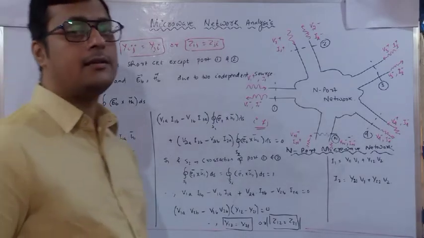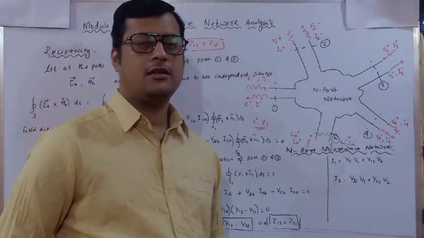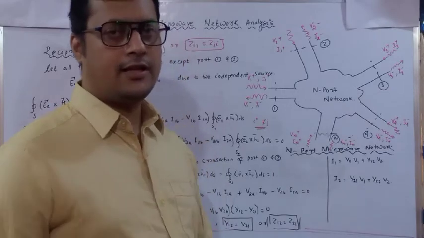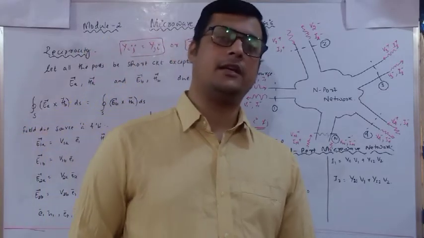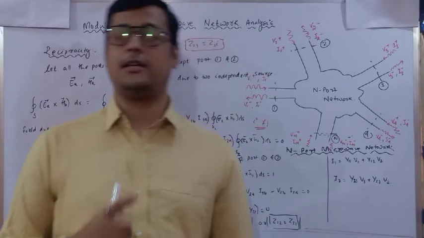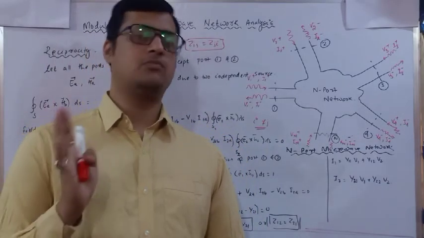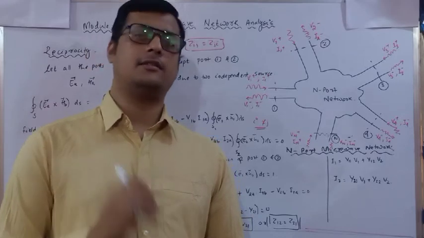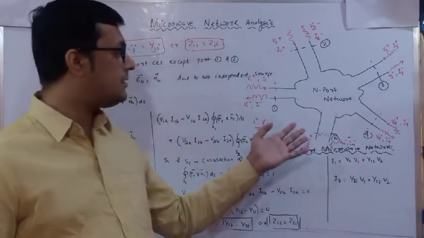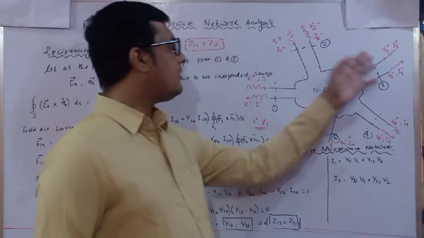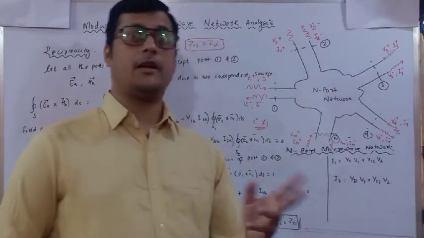But how do we obtain this? In order to obtain this relation, first we need to identify the incident potential, incident current, reflected potential, and reflected current at each port. Let us consider a two-port network. This is the nth port. Short circuit the rest of the ports except 1 and 2.